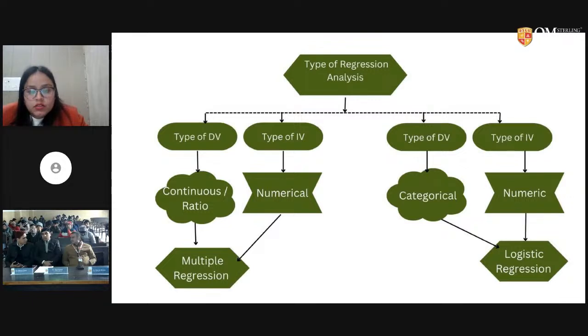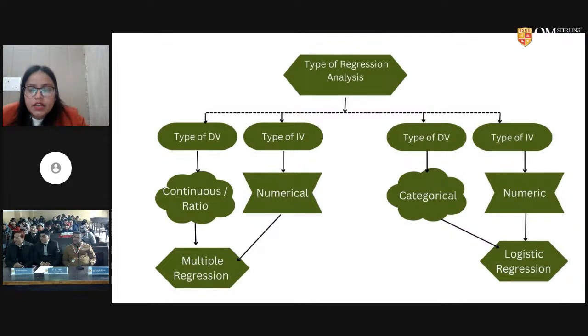For selecting the type of regression analysis, we have two types: multiple regression and logistic regression. For example, if I'm using multiple regression, the type of dependent variable should be continuous or on a ratio scale. When I'm deciding the type of independent variable, that has to be numerical.